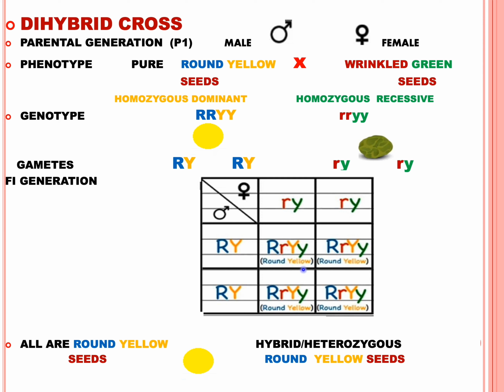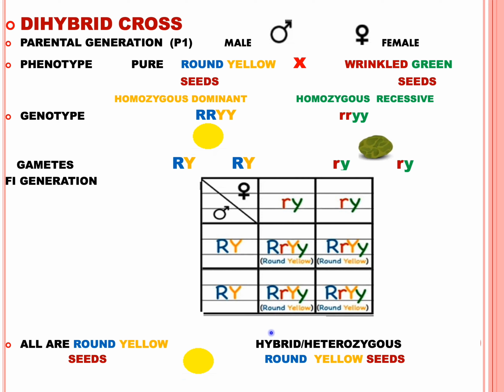In the same way, with the other male and female gamete combinations, he found that ultimately all the plants raised in the F1 generation bore round and yellow seeds, which are hybrid or heterozygous in nature with the genotype capital R, small r, capital Y, small y.